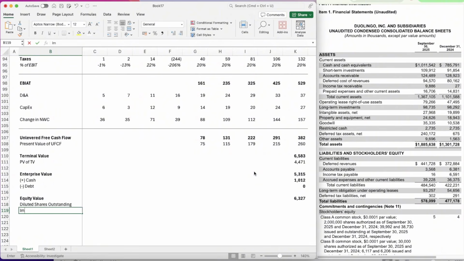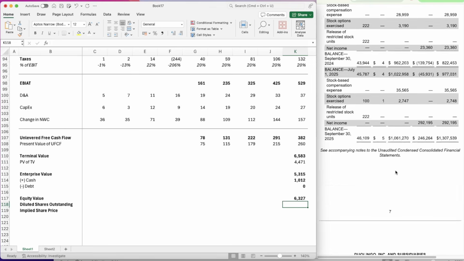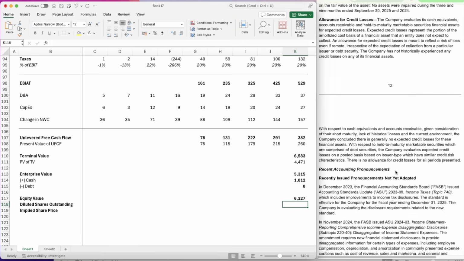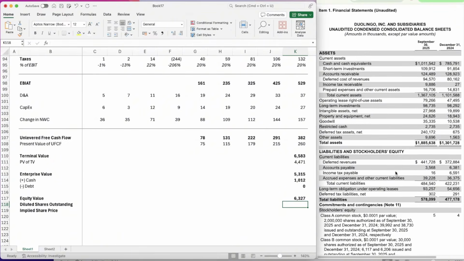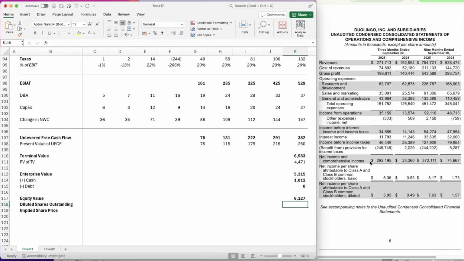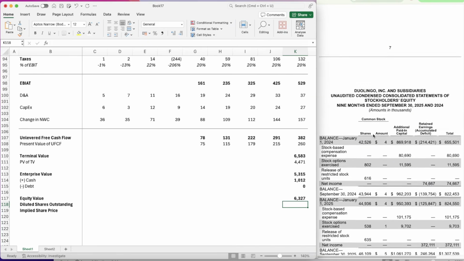For the diluted shares outstanding and the implied share price. The diluted shares outstanding come onto the income statement. Must be a separate thing that shows the share count. Okay, there'll be a completely separate section.